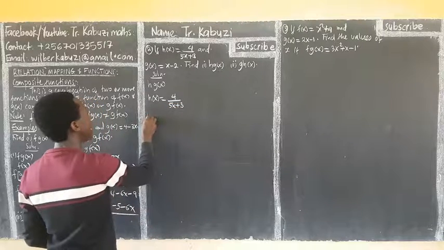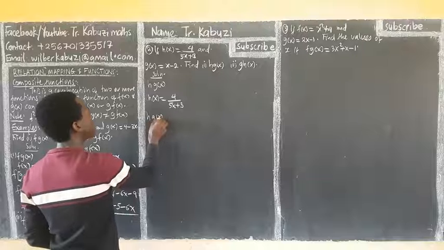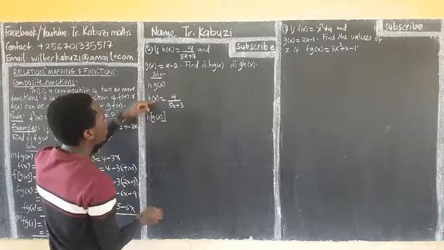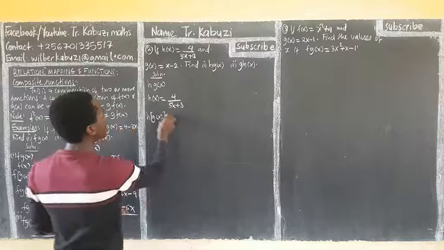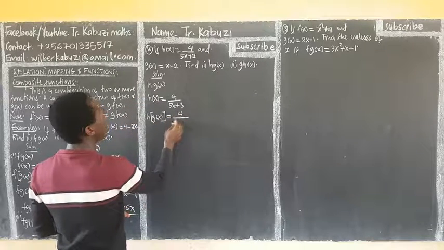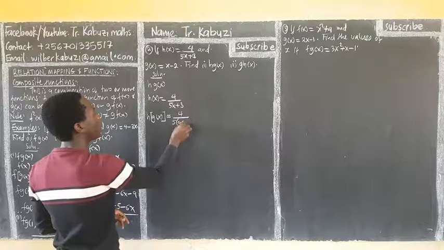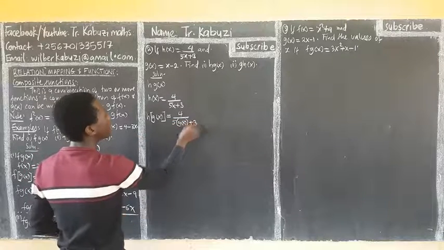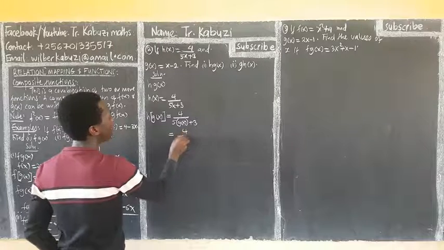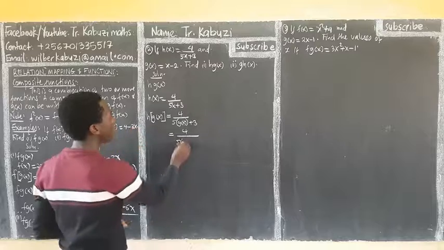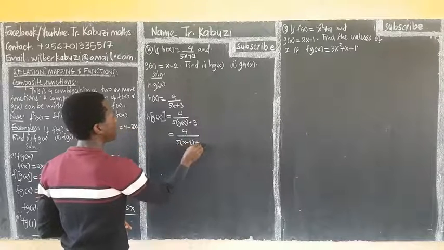Now, it means that for h g of x, I'm substituting g. In the place of x, I'm substituting this. This will be now 4 over 5 into my g of x is here, then plus 3.